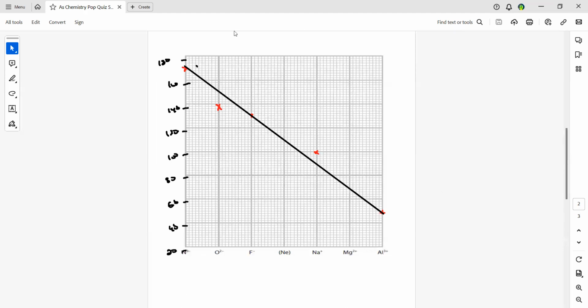You have to show this on the graph. You will draw a line from magnesium and then find what it matches with. It can be any number between 70 and 80, an acceptable answer.